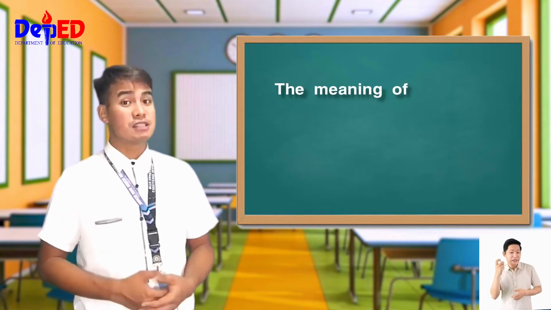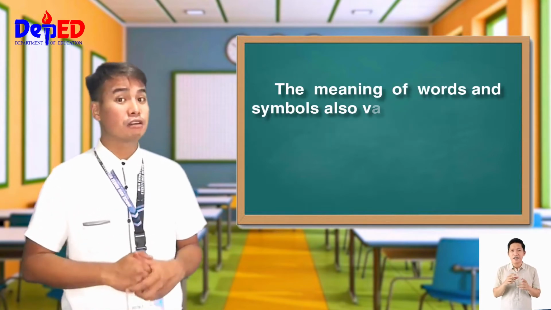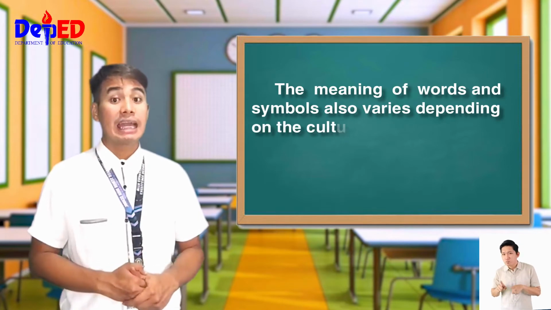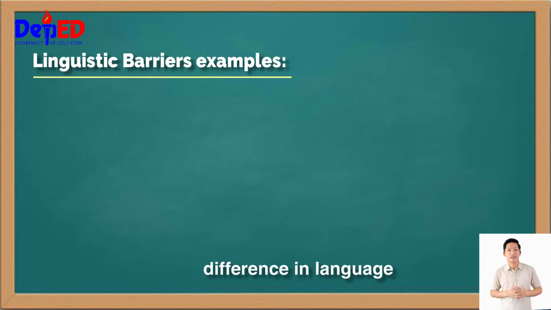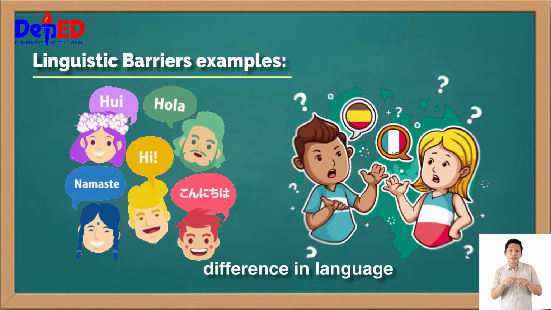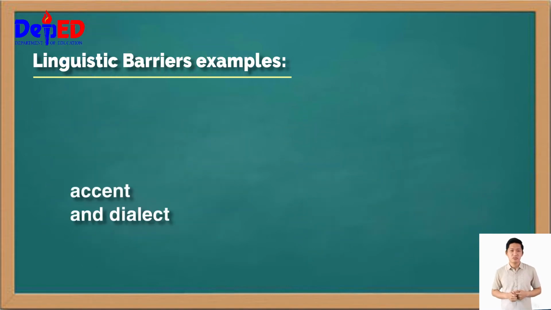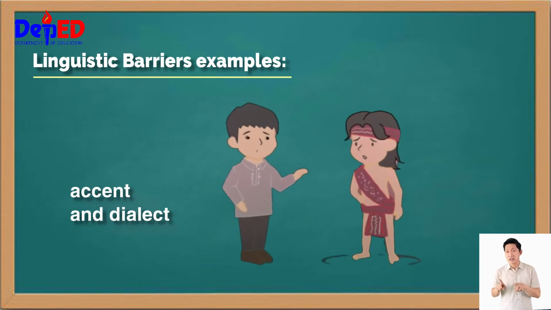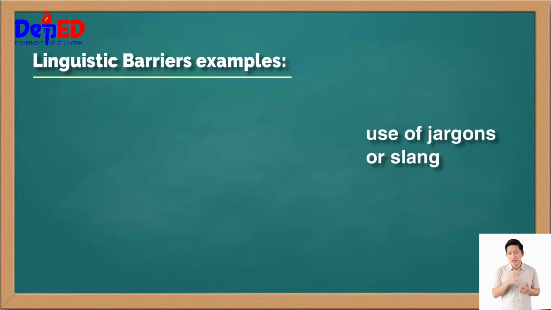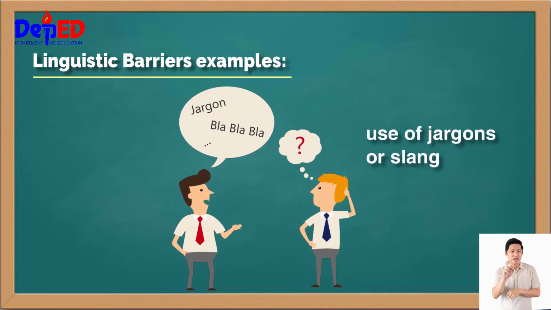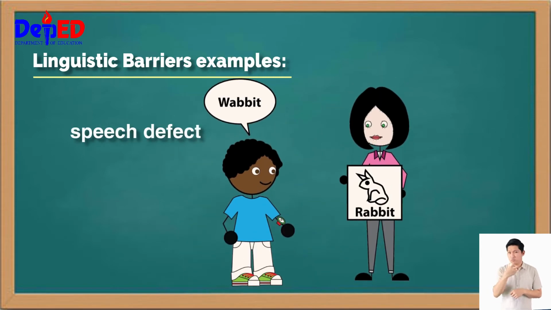The meaning of words and symbols also varies depending on the culture. Examples are difference in language, accent and dialect, use of jargons, and speech defect.